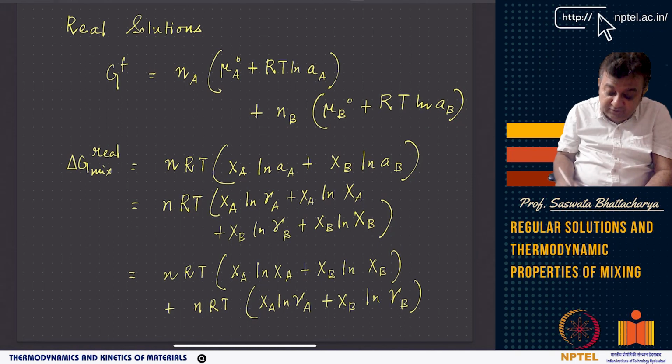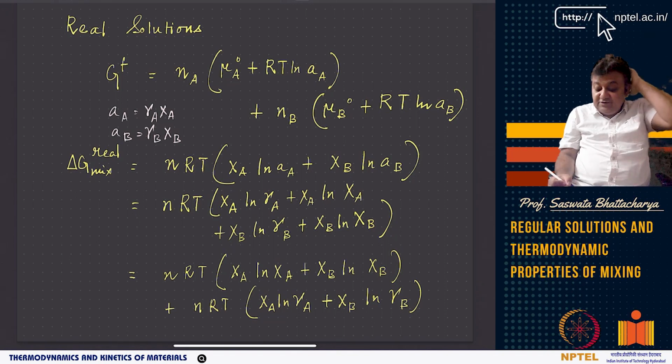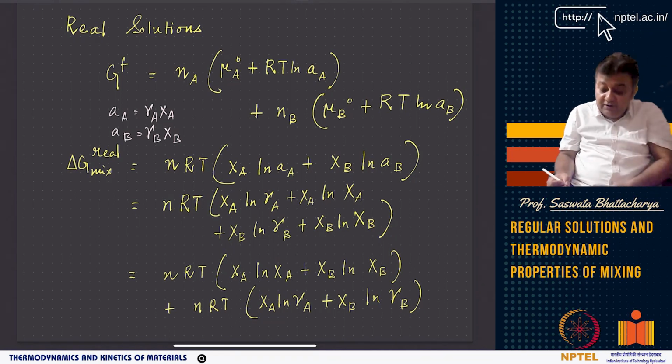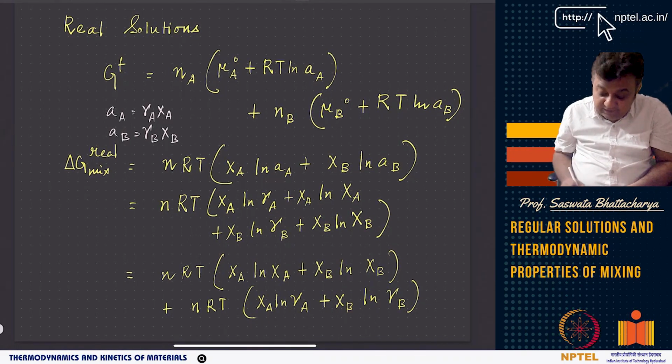But as we know, aA equals gamma A XA and aB equals gamma B XB, where gamma A is the activity coefficient of A and gamma B is the activity coefficient of B, and they are not equal to 1.